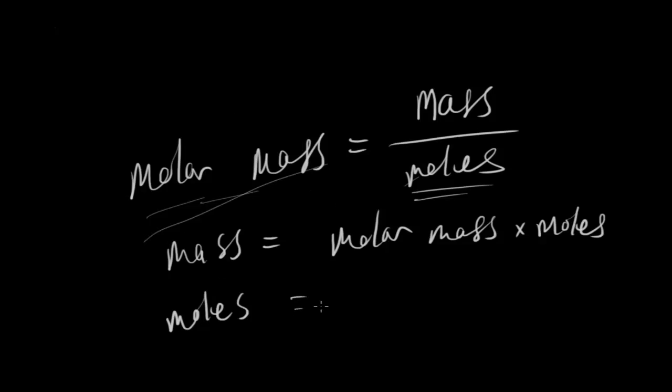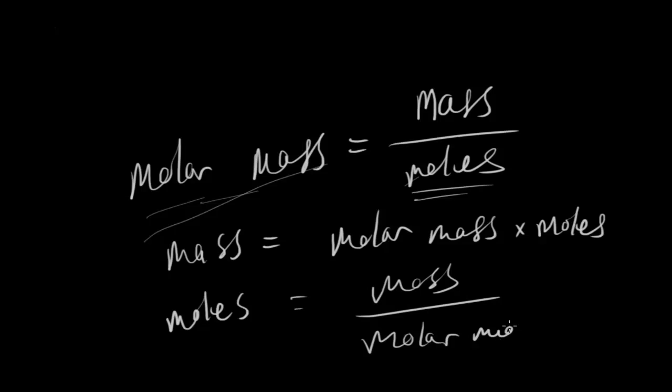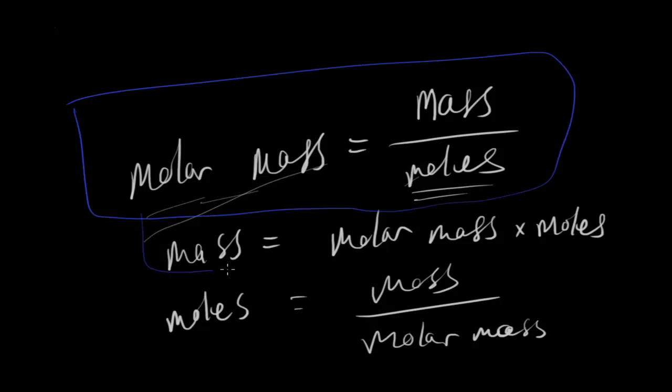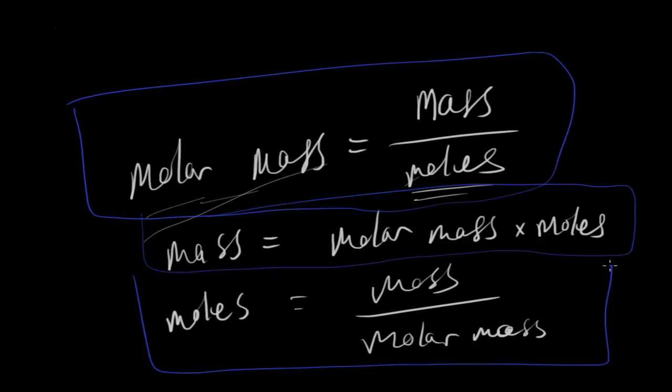So moles equals mass divided by molar mass. Therefore we now have 3 equations for working out whatever unknown we have when using the 3 variables: moles, mass, and molar mass.